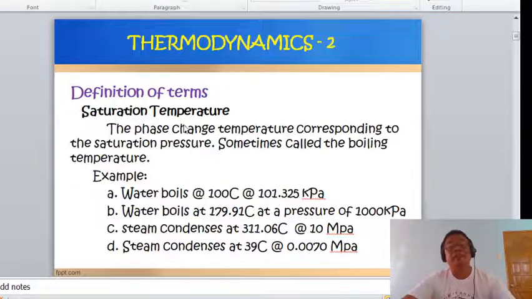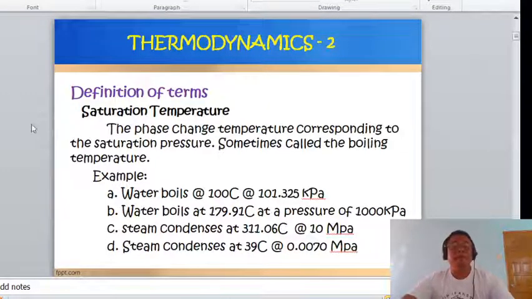Take note class that the water here is pressurized water. Okay, so take note that water will boil at 179, which is quite far, of course, from 100. Okay, so another, steam water condenses at 311.06 degrees Celsius at 10 megapascal.